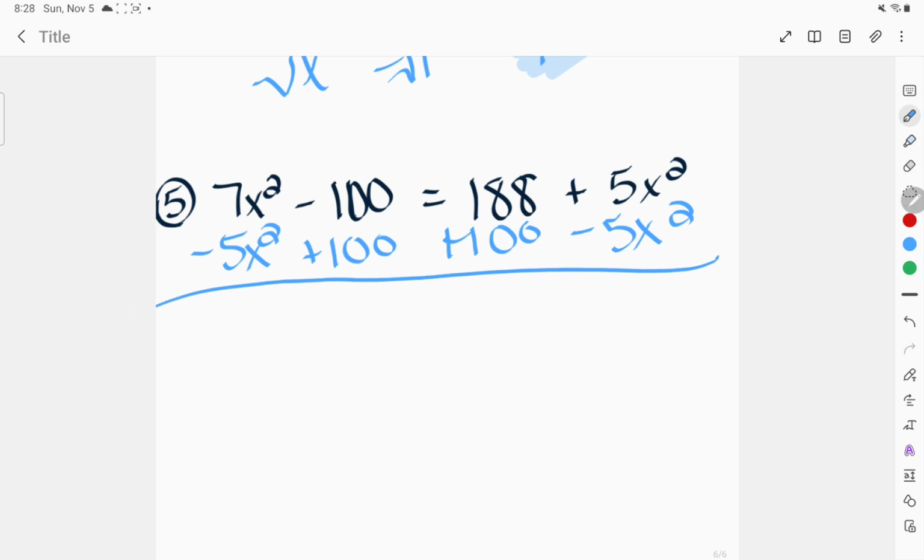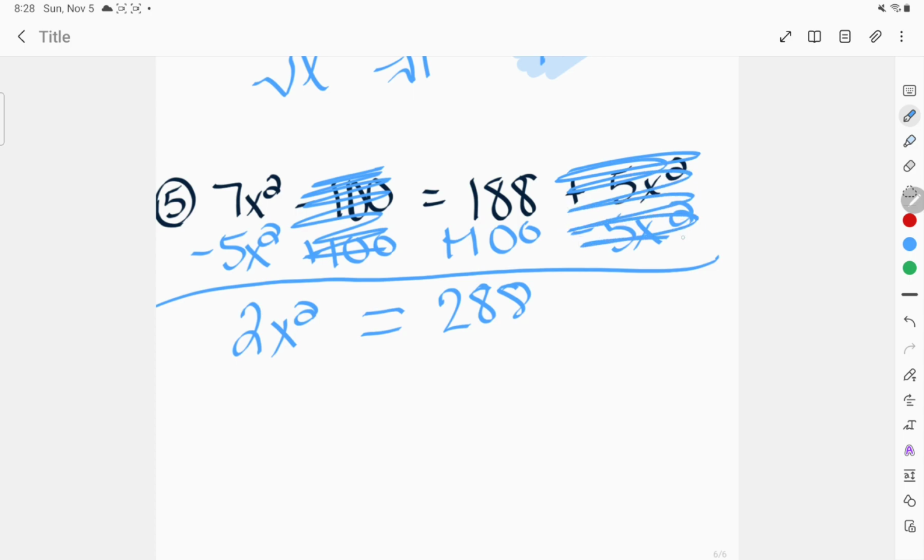All right, going from left to right, 7x squared minus 5x squared is 2x squared. Negative 100 plus 100 is 0. That's going to equal 288. Positive 5x minus 5x is 0.